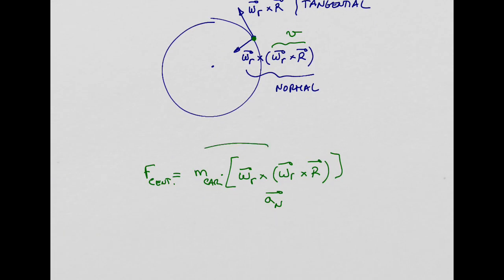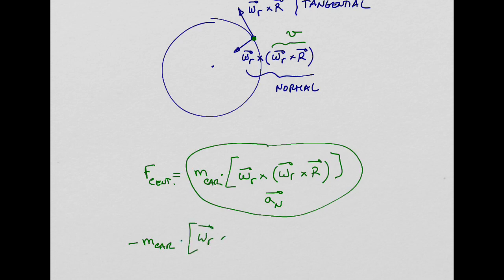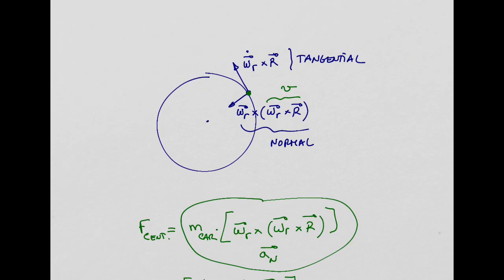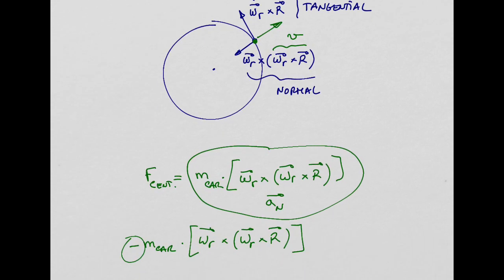Because this term, ma, you move to the left-hand side, then you have minus m, mass of the car, times ω times ω times r. This minus sign here means that your centripetal force is going to be in this direction and equal to this, right?